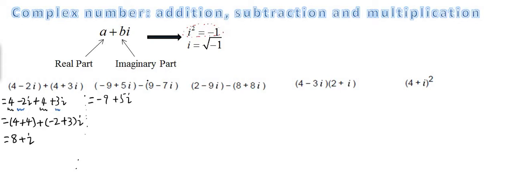So here positive 9 is gonna be -9. Negative 7i is gonna be a positive 7i.